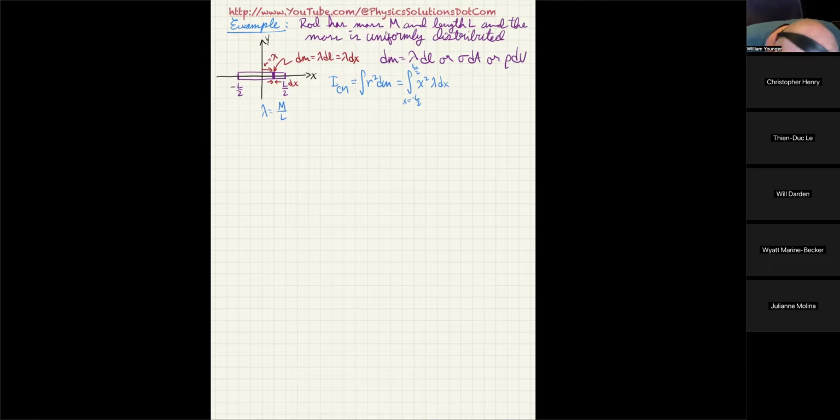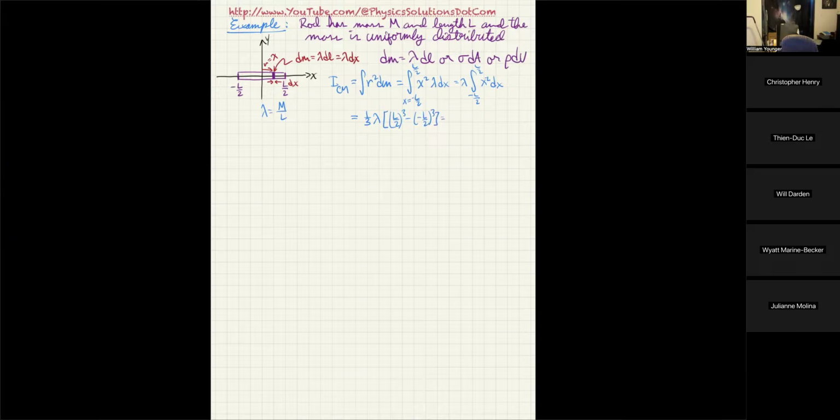And they're constant. So I can pull this lambda out in front, and I get the integral from negative L over 2 to L over 2 of x squared dx. And that, of course, gives me 1/3 lambda times x cubed, but I've got to evaluate that at the points. So that's going to be L over 2 cubed minus negative L over 2 cubed.